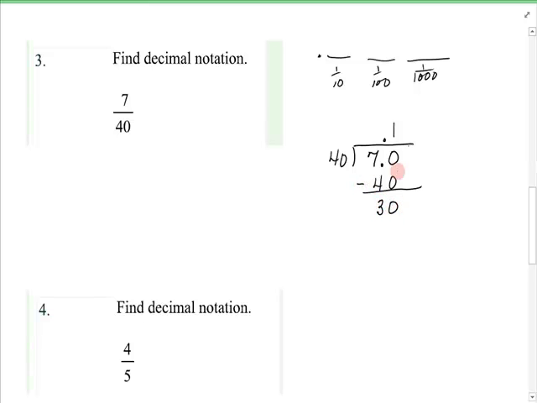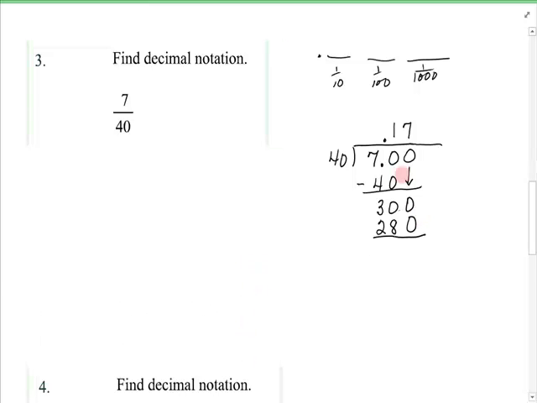Subtract. We're not through, so we're going to add another 0. And you can add as many zeros as you want until it stops, which is called terminating. All right, this is going to go in there 7 times. 7 times 0 is 0. 7 times 4 is 28. Let me get myself a little more room. Subtract for 20. It hasn't terminated yet, so I add another 0. 40 goes into 200.